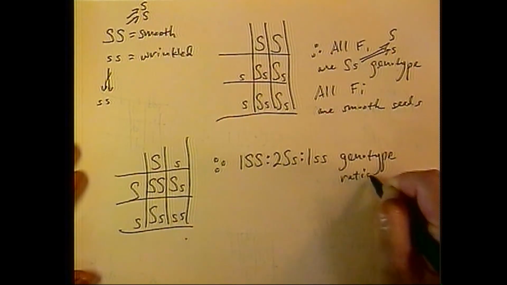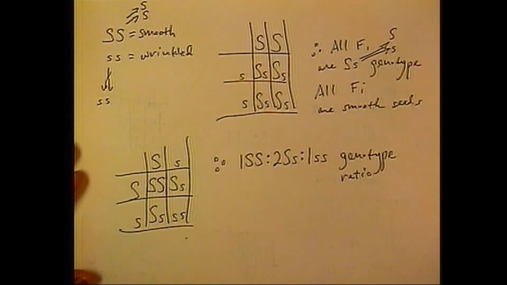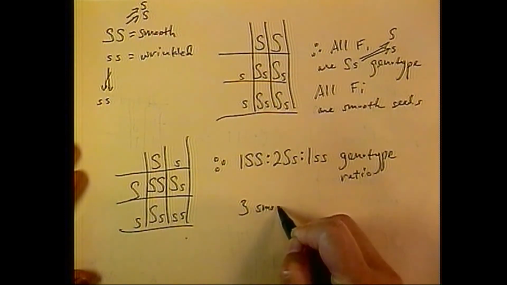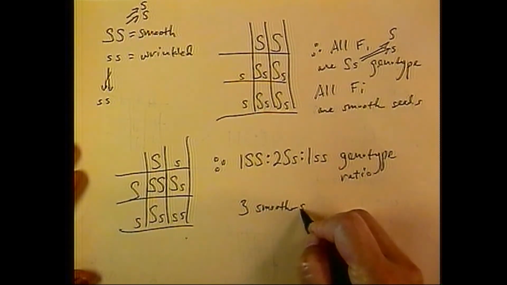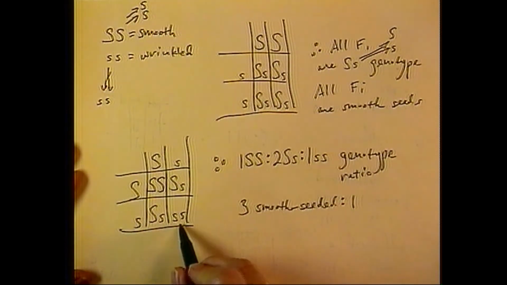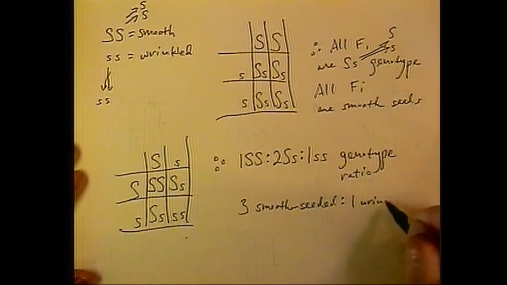And then for the phenotypic ratio, you have this one and this one with capital letters, so you know that's a dominant trait, so you're going to have 3 smooth-seeded individuals to every 1 wrinkled-seeded individual.